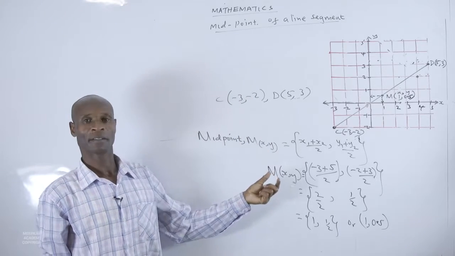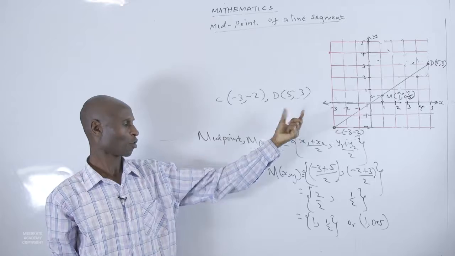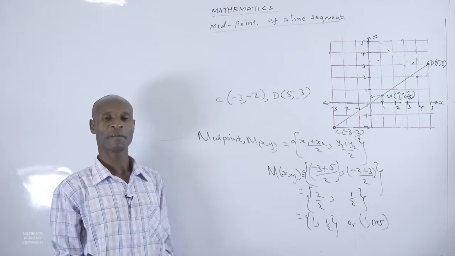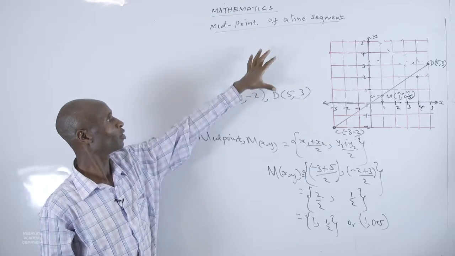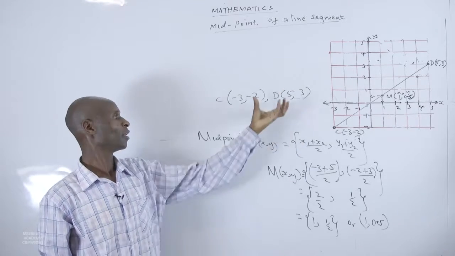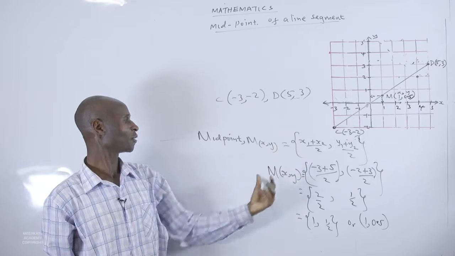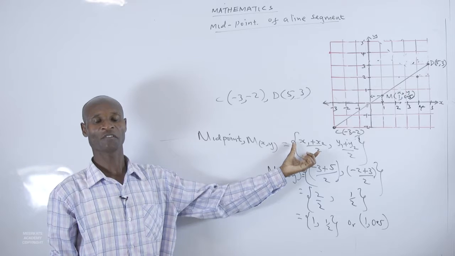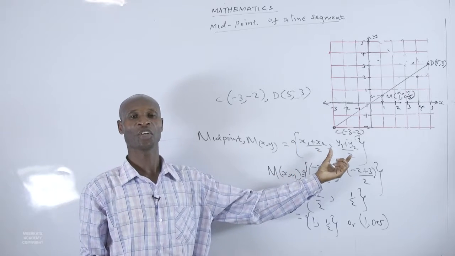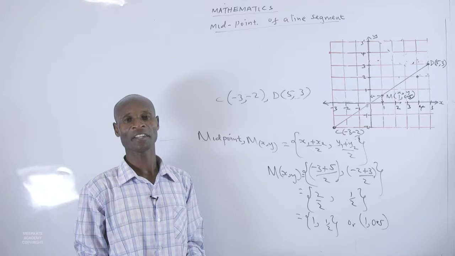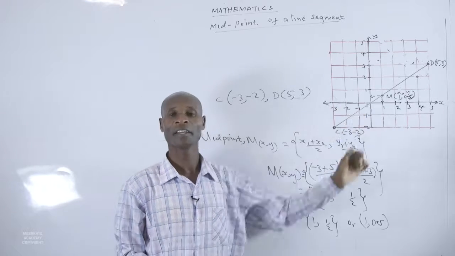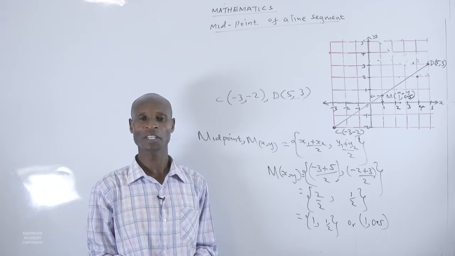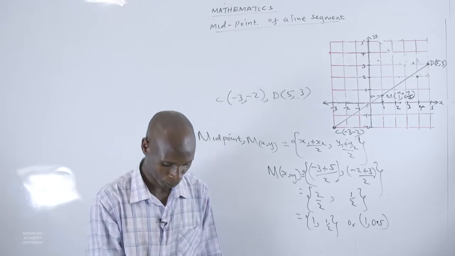So you realize that the graphing part corresponds with when we apply the formula method. So all along we shall be applying this method of computing midpoint by just getting the average of x coordinates of the endpoints and the average of the y coordinates of the endpoints without necessarily drawing a graph or the line segment on the Cartesian plane.